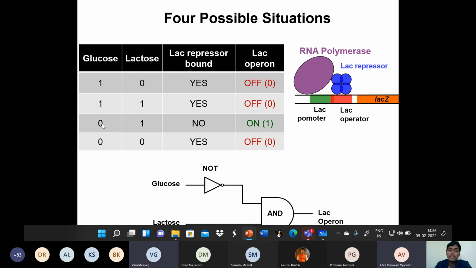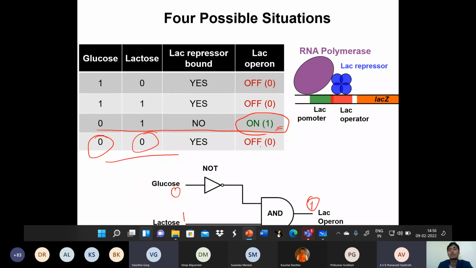And when glucose is absent and lactose is present, only then you have 0 here and 1 here, and you finally get 1. So in this scenario, the lac operon is on, and the bacteria must utilize lactose for their own survival.